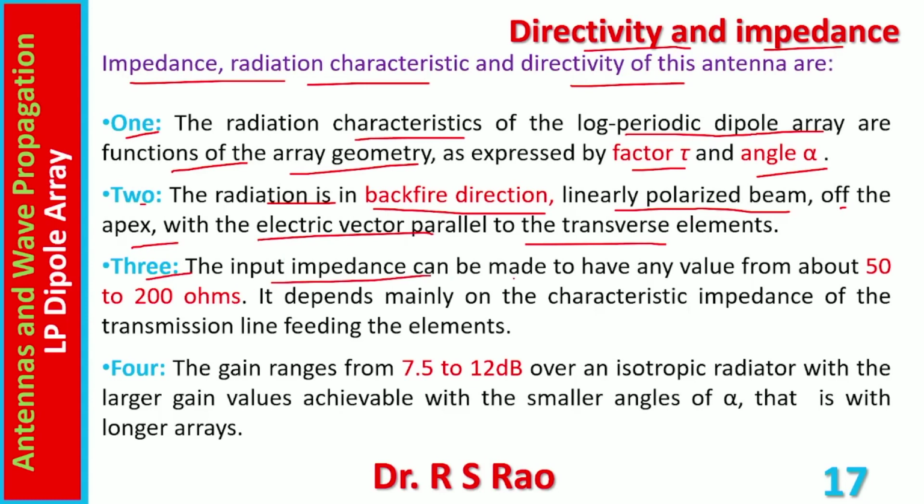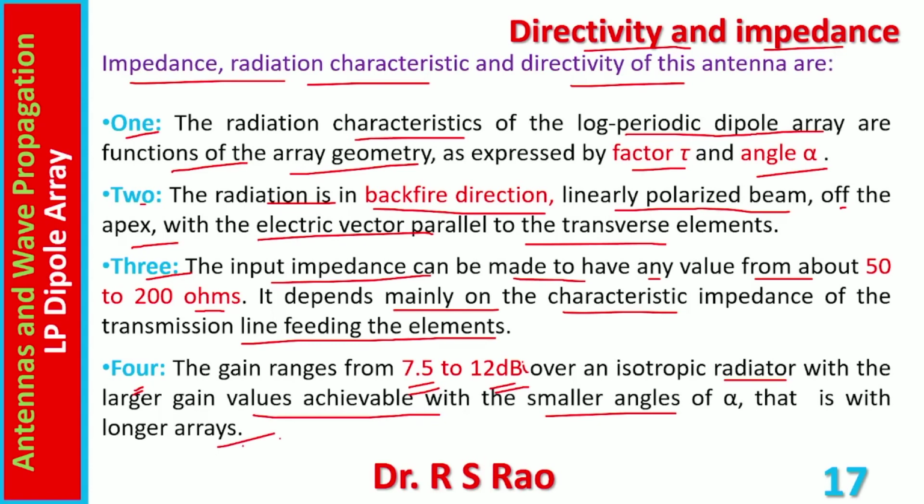The input impedance can be made to have any value from 50 to 200 ohms. It depends mainly on the characteristic impedance of the transmission line feeding the elements. 4. The gain ranges from 7.5 to 12 dB over an isotropic radiator, it means dBi, with the larger gain values achievable with the smaller angles of alpha, that is, with the longer arrays.